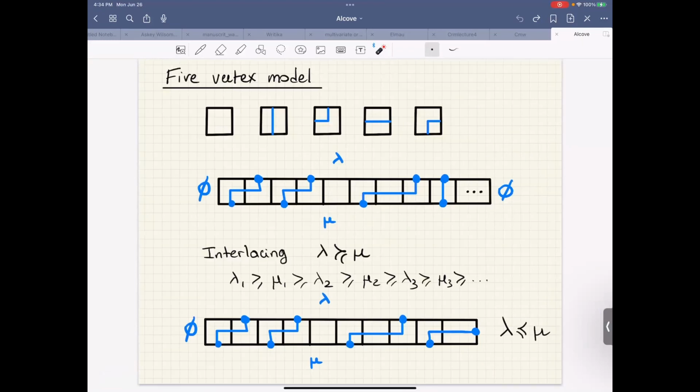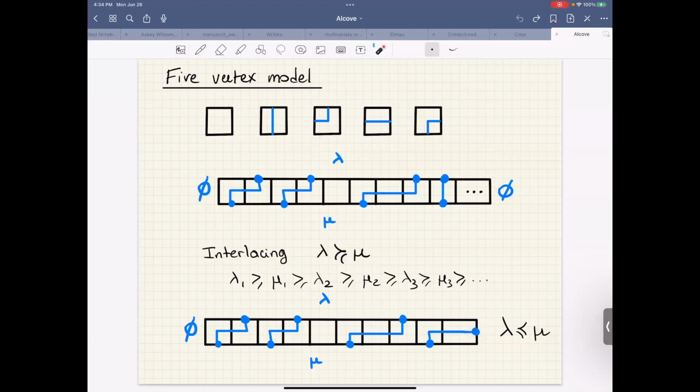I say lambda is greater or equal to mu if lambda 1 is greater or equal to mu 1, greater or equal to lambda 2, greater or equal to mu 2, etc. So I really have an interlacing of my parts. And you can check also that if I change a tiny bit my vertex model here, if the empty now I change it to a particle.